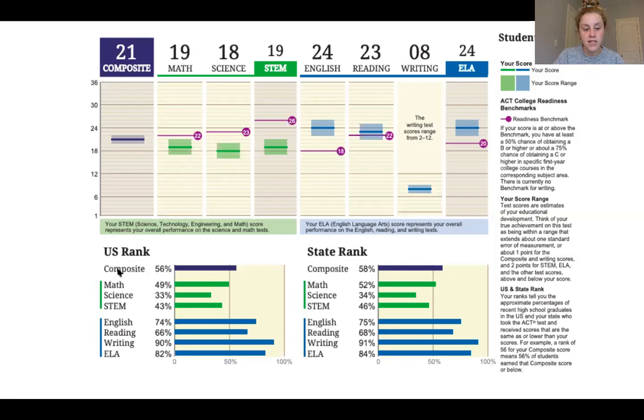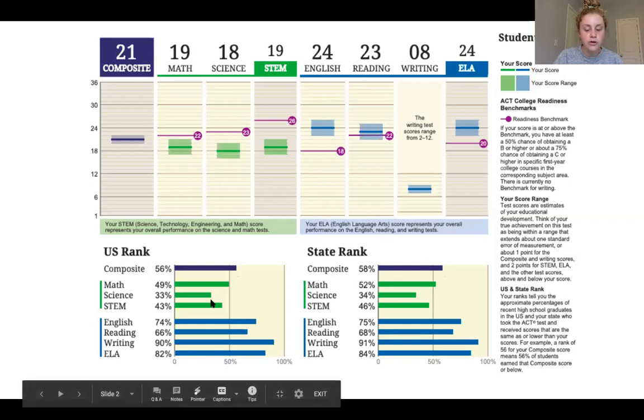We see that at that composite score of 21, this student is ranked just above that halfway mark, doing just as well, if not better, than other students that have taken the ACT test. Same thing for this state rank. This student is at 58% with their composite score, doing just as well, if not better, than other students across Kansas. Below that, you can see in the blue and green columns how this student did in the subcategories of the ACT.